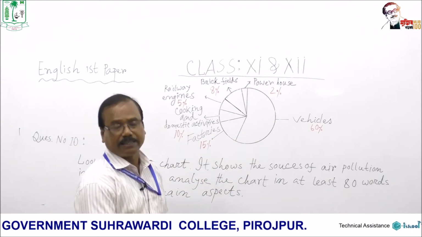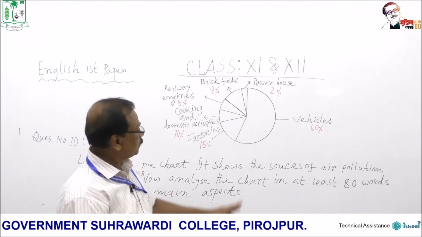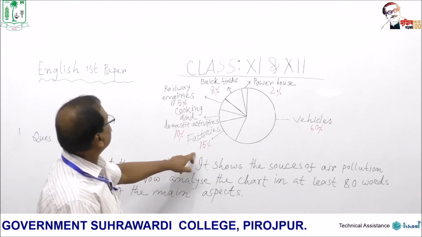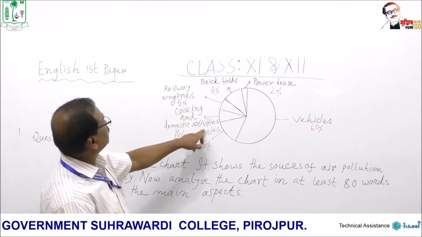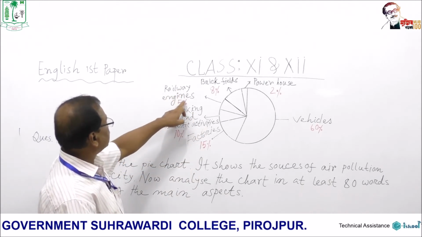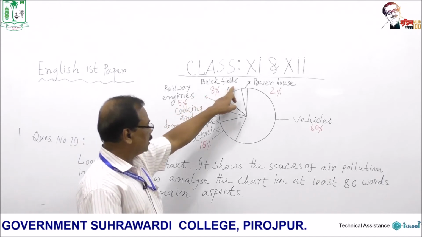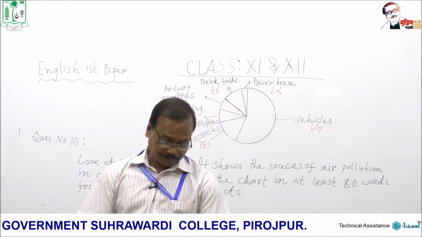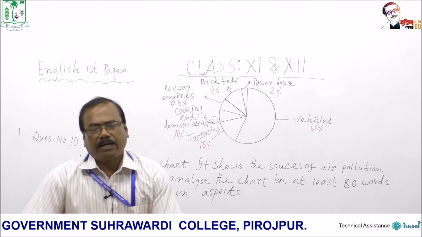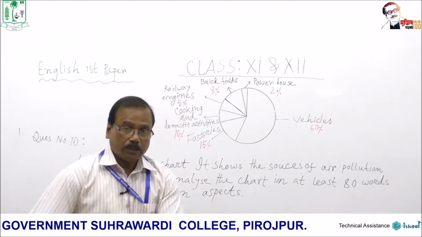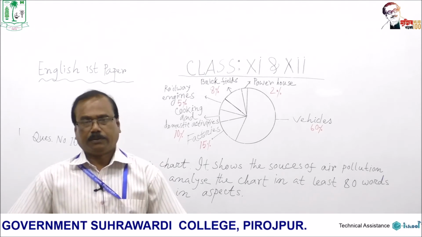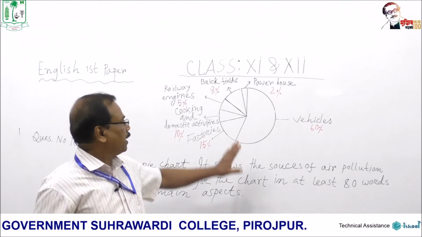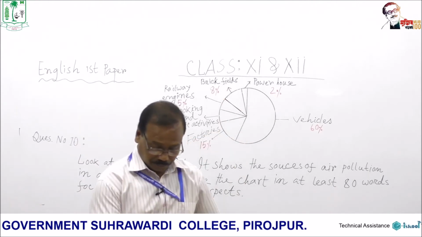So, the third sentence: they are vehicles, factories, cooking and domestic activities, railway engines, brick fields and powerhouse. All the 6 sources of air pollution consist in the third sentence.